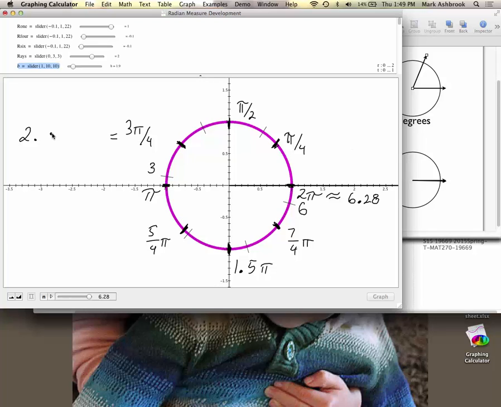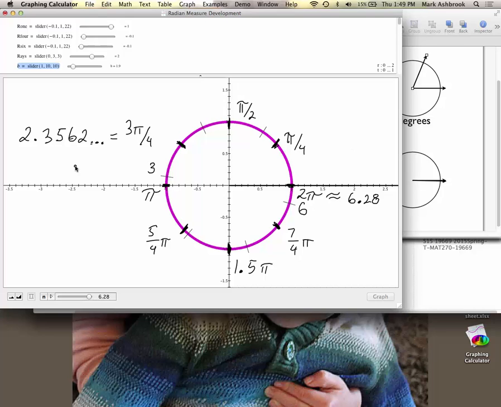We said a little bit less than 2.5. You should have gotten 2.356. So what's the moral of the story? 3 pi over 4 is not a name or a label for that point on the circle. It's still a number. A number of what?